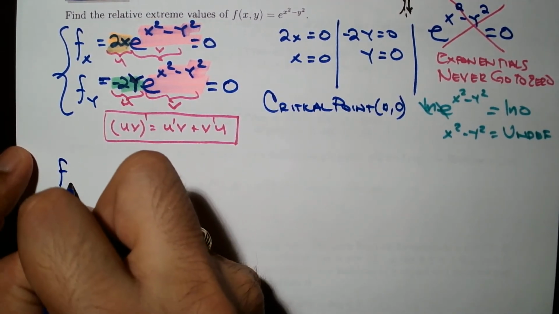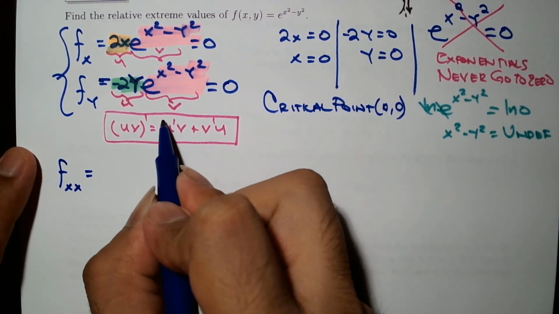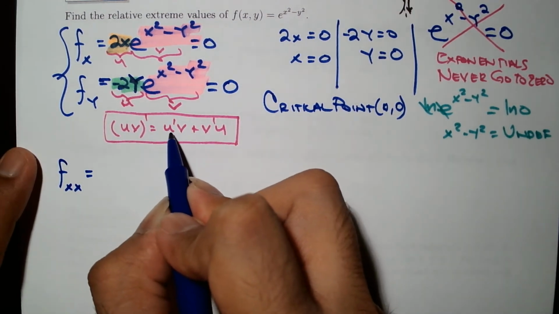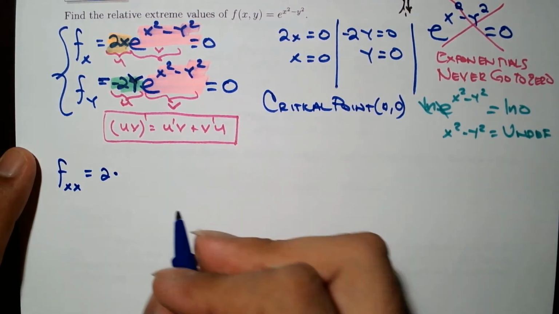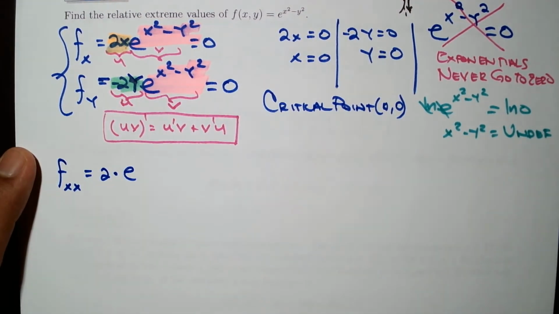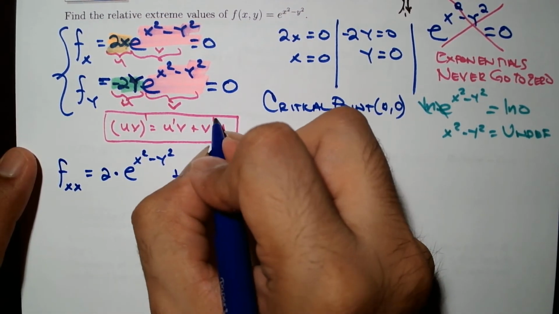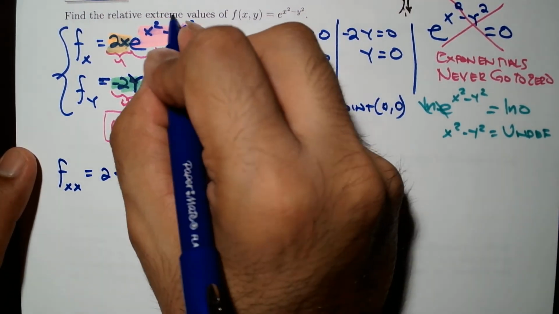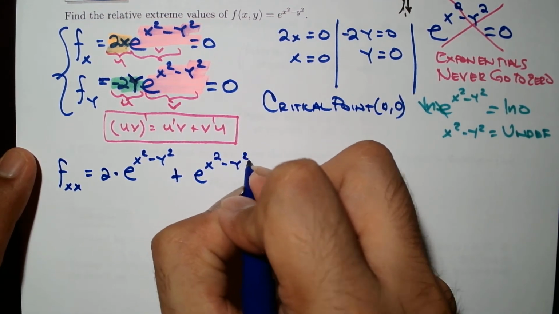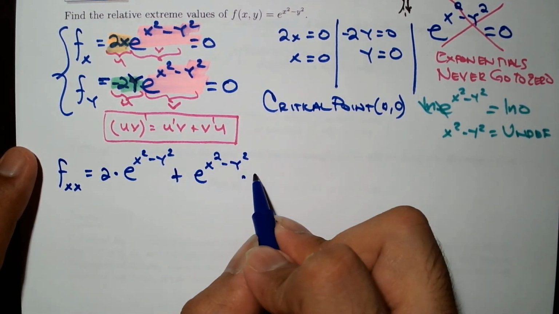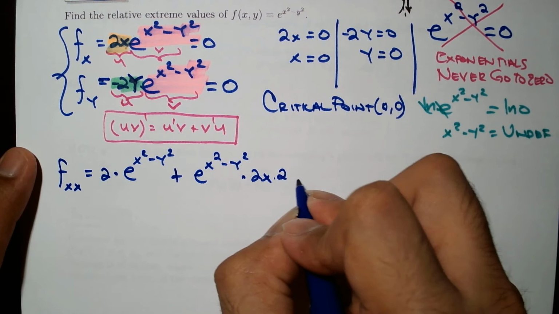problem. So f_xx, that is the second partial with respect to x. So the partial derivative with respect to x of the first factor, which is u. In this case, the derivative of 2x is going to be 2 times v without doing anything, plus the derivative of the second, which in this case, well, again, the derivative of the exponential, times, well, in this case involves a chain rule, 2x, but in this case times u, which is 2x as well.